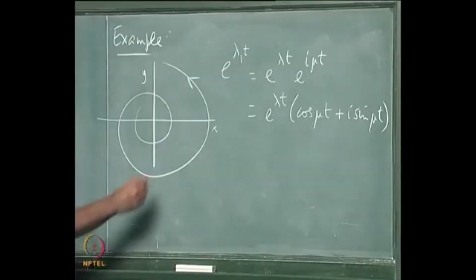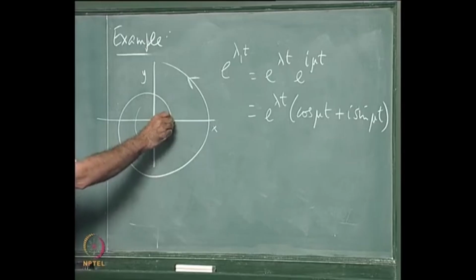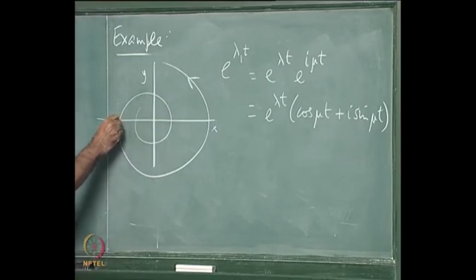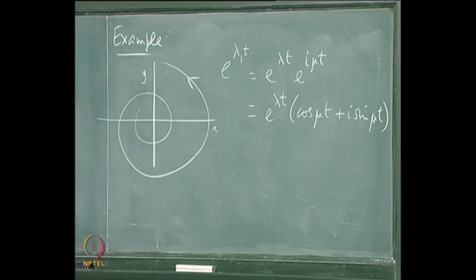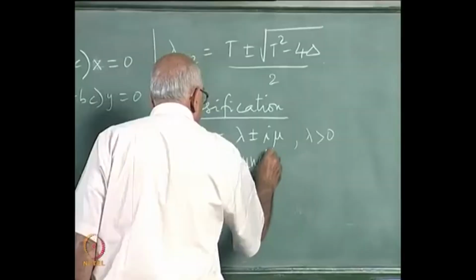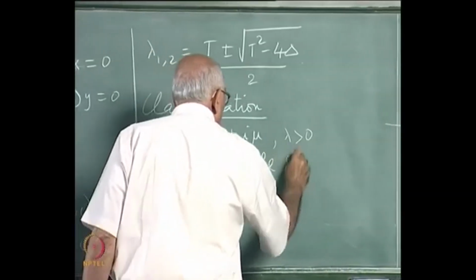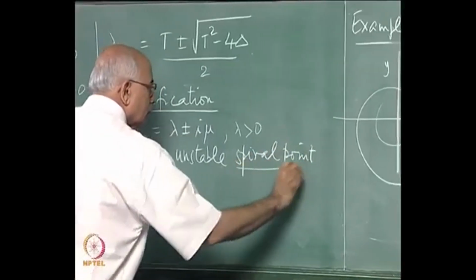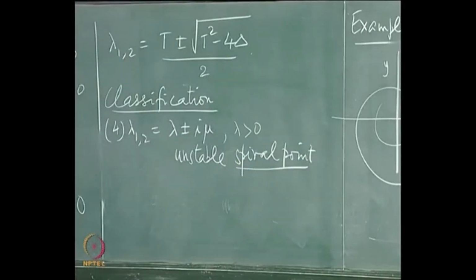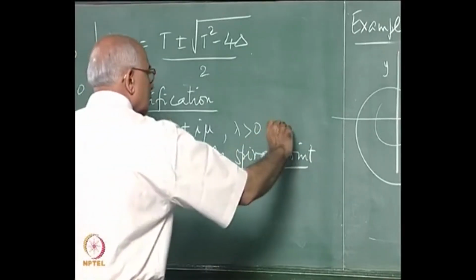So if I start at some value here of x, a little later the value is larger in magnitude but opposite in sign, and then once it comes back here it is again larger in magnitude but opposite in sign, and the same thing is true for y. So it is intuitively clear that the picture is that of an outward moving spiral, and this case therefore is called an unstable spiral point. There are other names for this spiral point, one of which is the word focus.